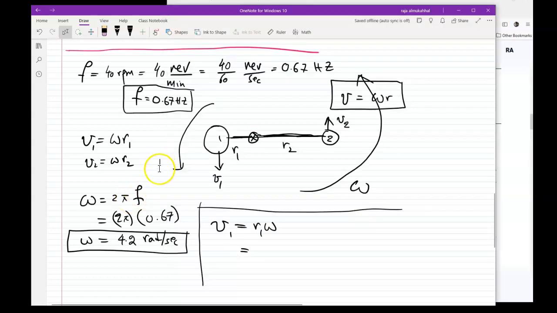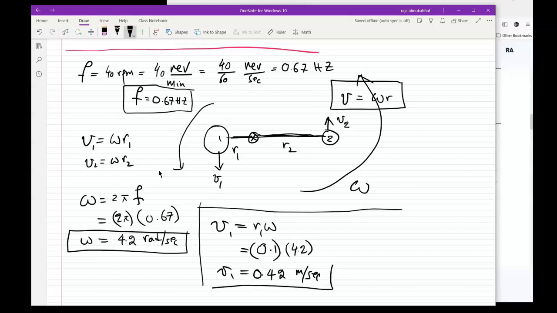So R1 is 0.1, which is basically the radius of the center of mass. And omega is 4.2, and then we calculate that, and that gives me 0.42, correct? Meters per second.